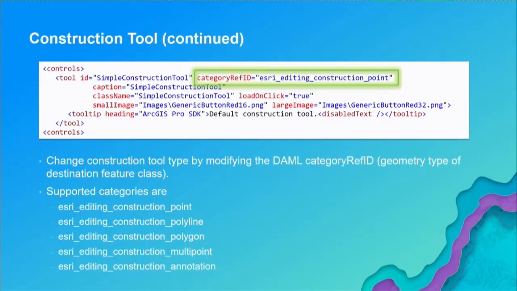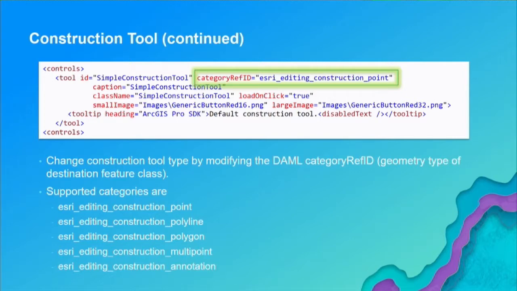In this case, we're associating ourselves with the point geometry type. So all the point feature classes that I have in my document will now list my tool as a supported tool for the subsequent operation.